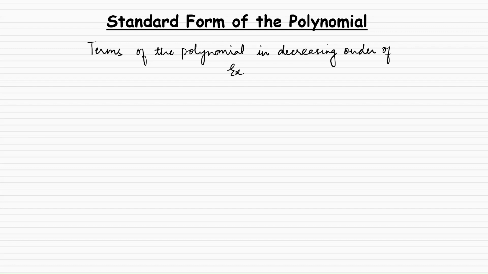Standard form of the polynomial. Standard form of the polynomial is when we write the terms of the polynomial in decreasing or descending order of exponents. What do you mean by that?